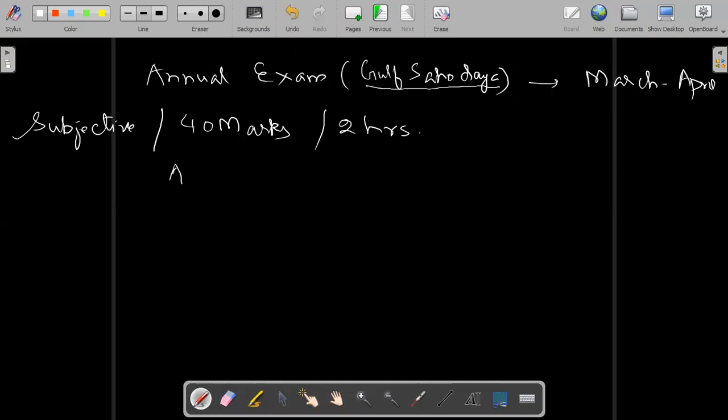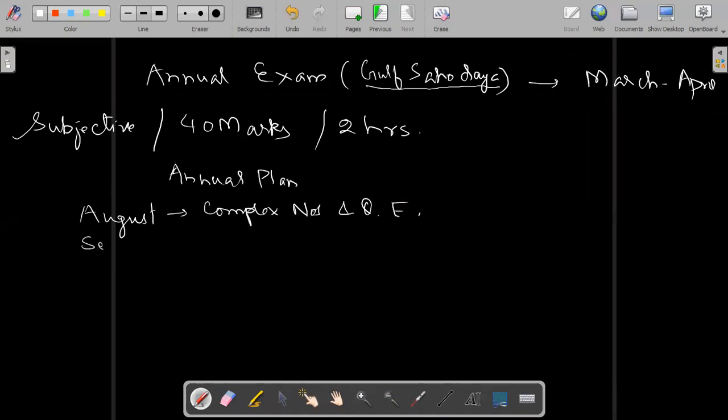As per our annual plan, now we will start complex numbers. In August, we will do complex numbers.